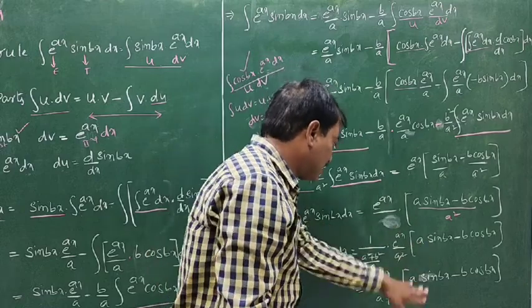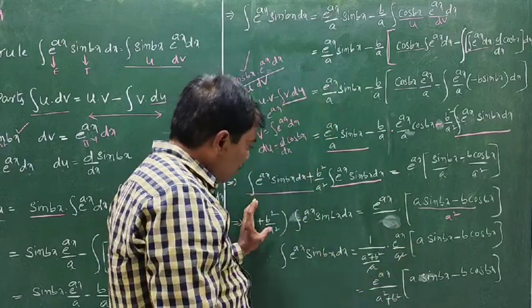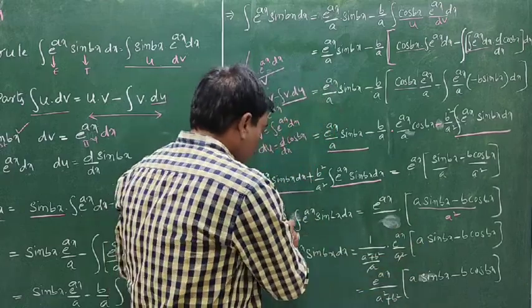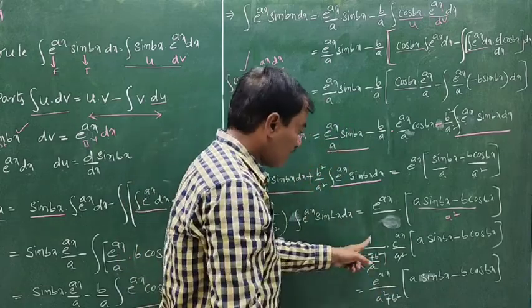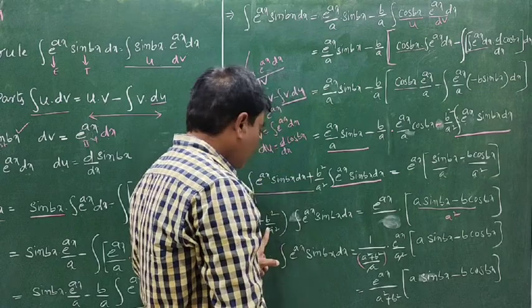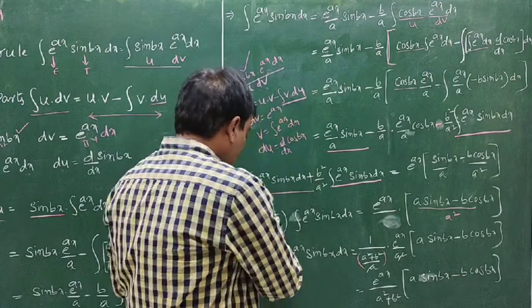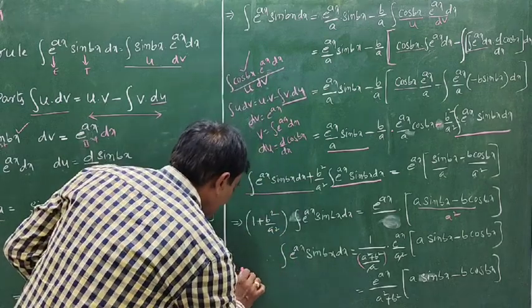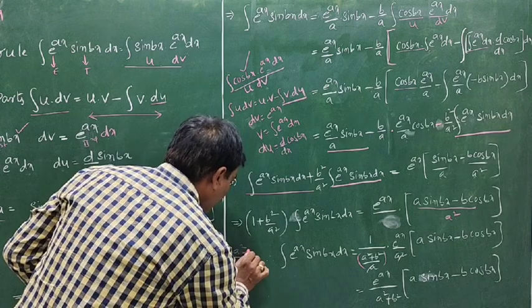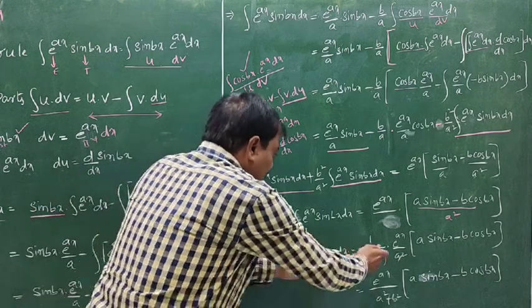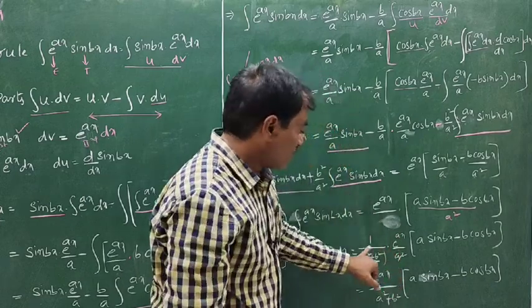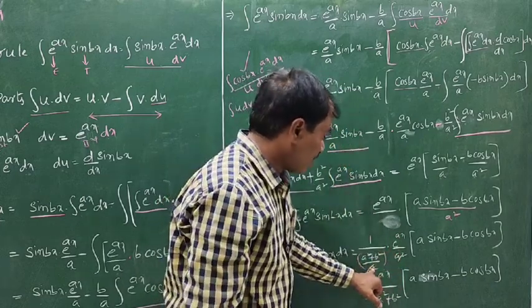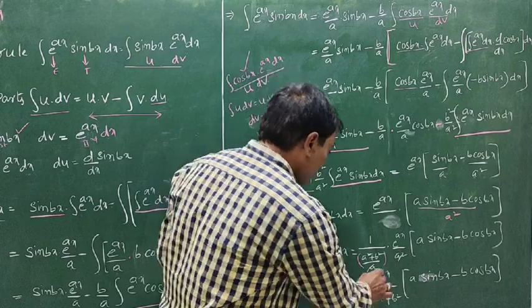In the next step we shift this to the other side. Taking a square as the LCM, we get a square plus b square by a square, so if we shift it across, it comes to the denominator: 1 by a square plus b square by a square.